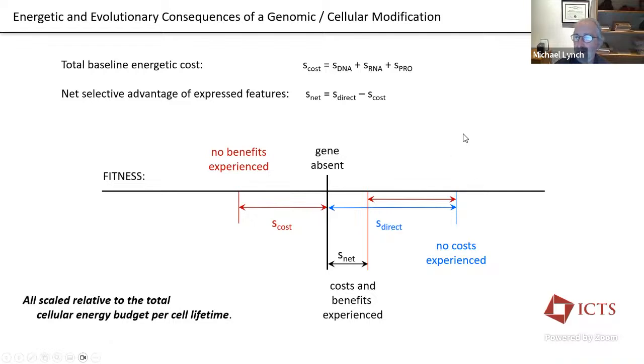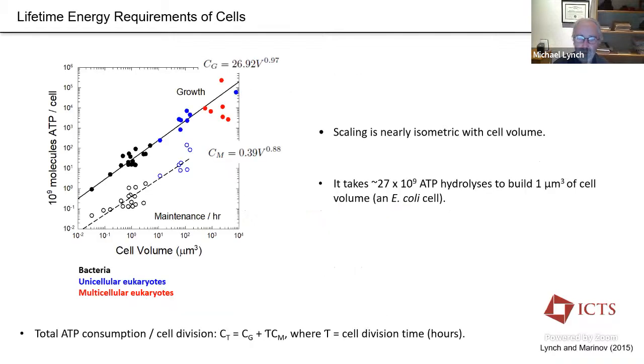Because if the cost is X and the total cell energy budget is 10 to the 9th times X, that's a small cost compared to a total energy budget of 10 to the 4th times X. So recall yesterday I showed you various ways we can estimate that. We now have some pretty good estimates of the total ATP demands of a cell. So that's the denominator.